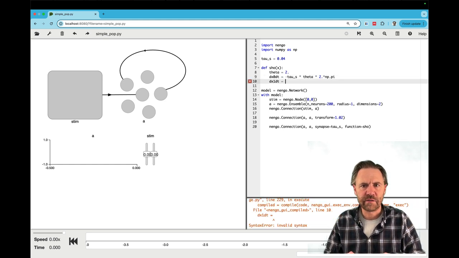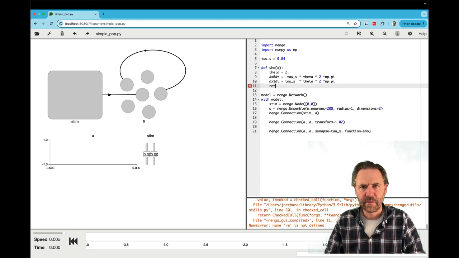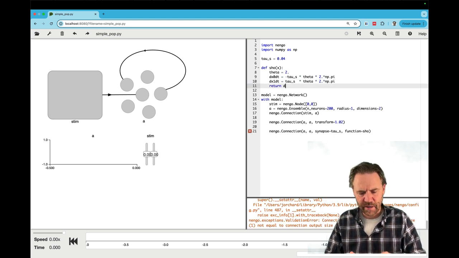dx1 dt is tau s times theta times 2 times pi. So I return dx0 dt, dx1 dt.